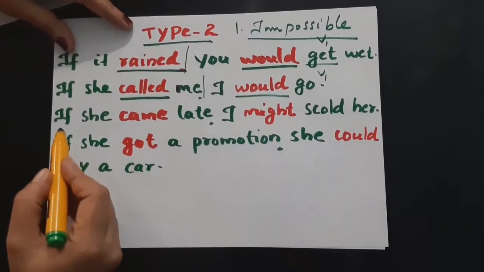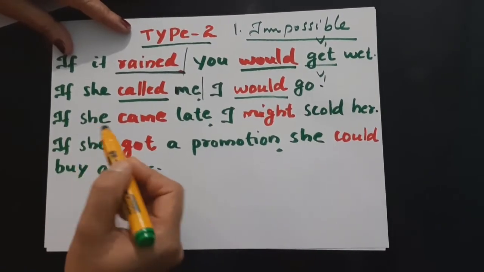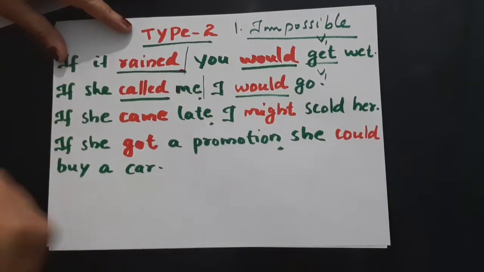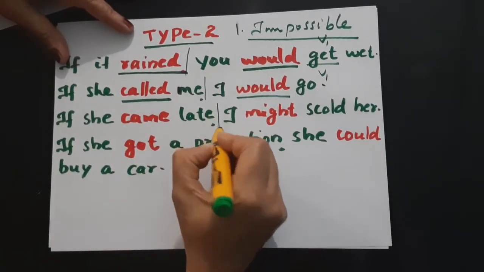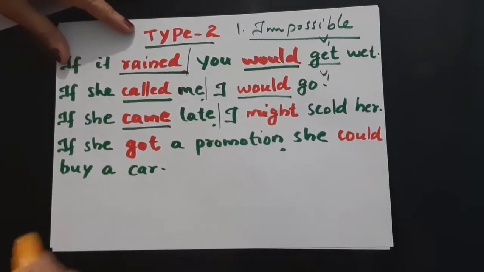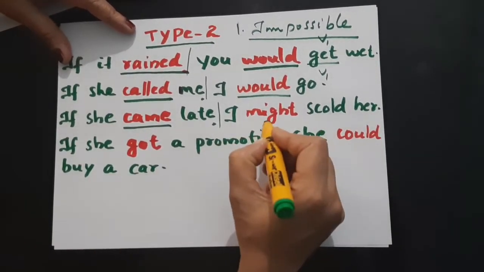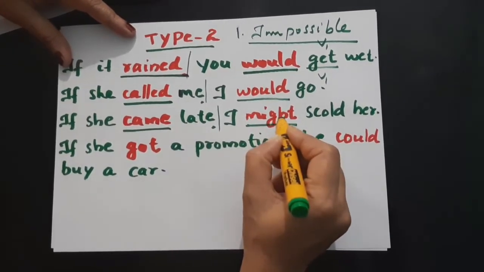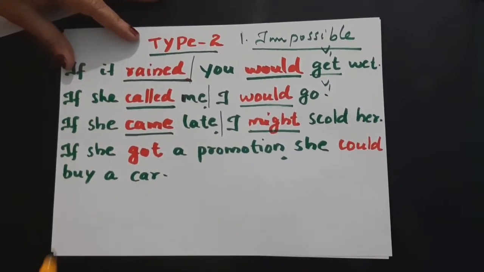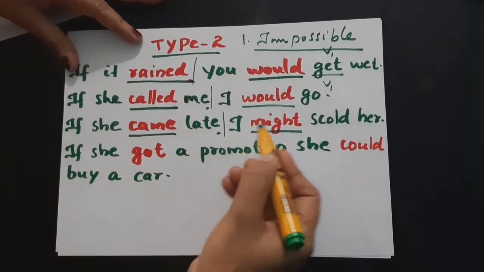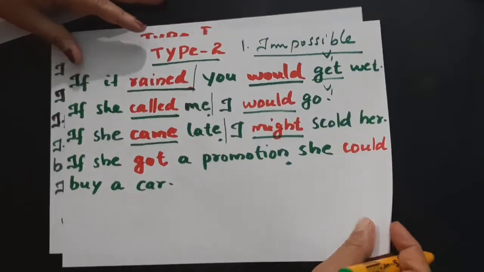Okay, the third one. If she came late, I might scold her. See, in the if clause, you have the verb in the past tense, and in the result clause, following the subject, you have might here. If she came late, I might scold her.